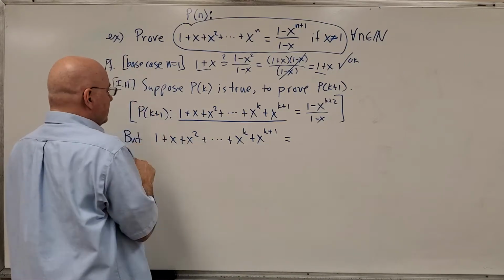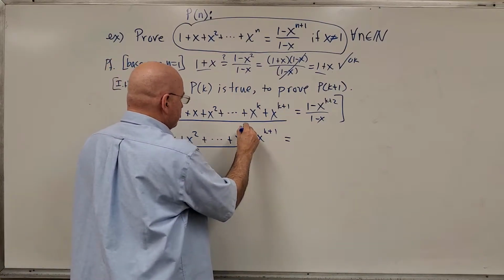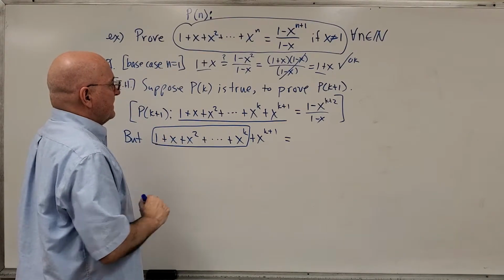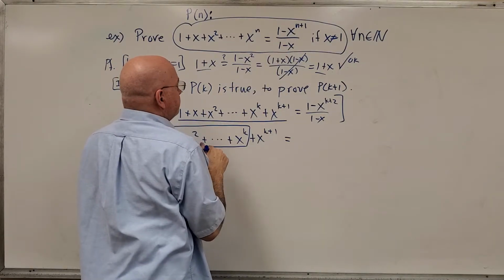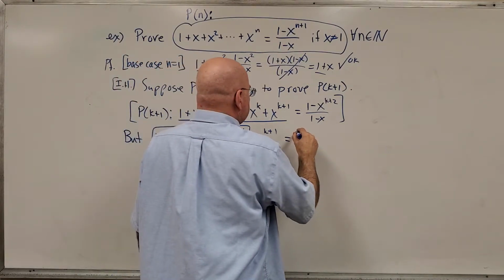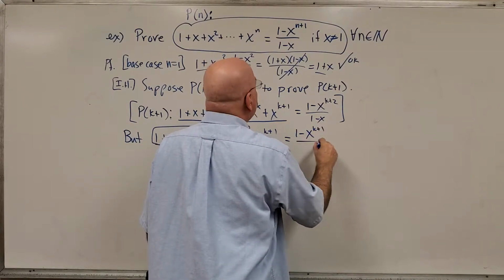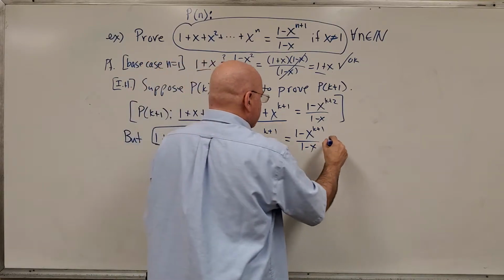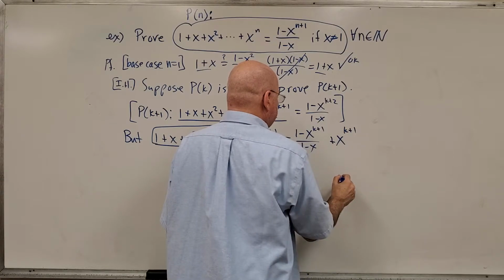But using the inductive hypothesis, we know what this is. That's equal to this, only with a k. So it'd be 1 minus x to the k plus 1 over 1 minus x. And then we just have to add this term to it, plus x to the k plus 1.